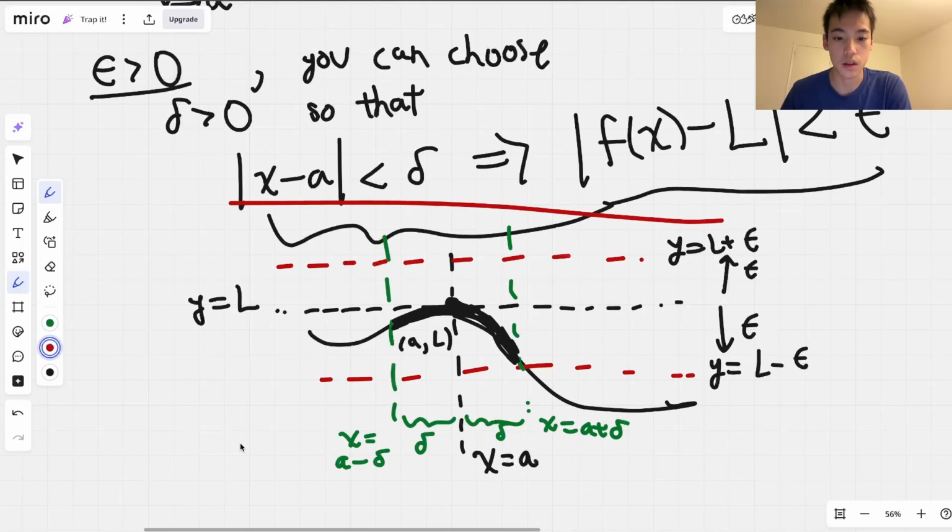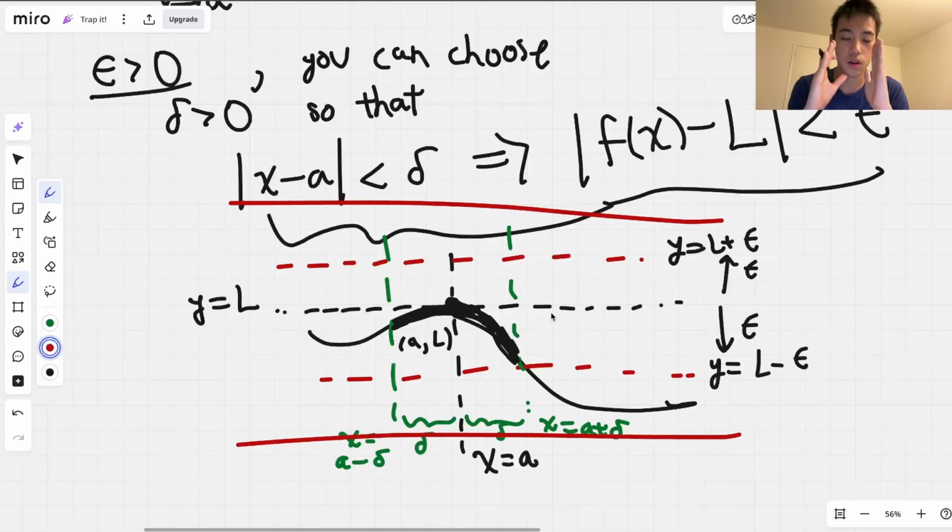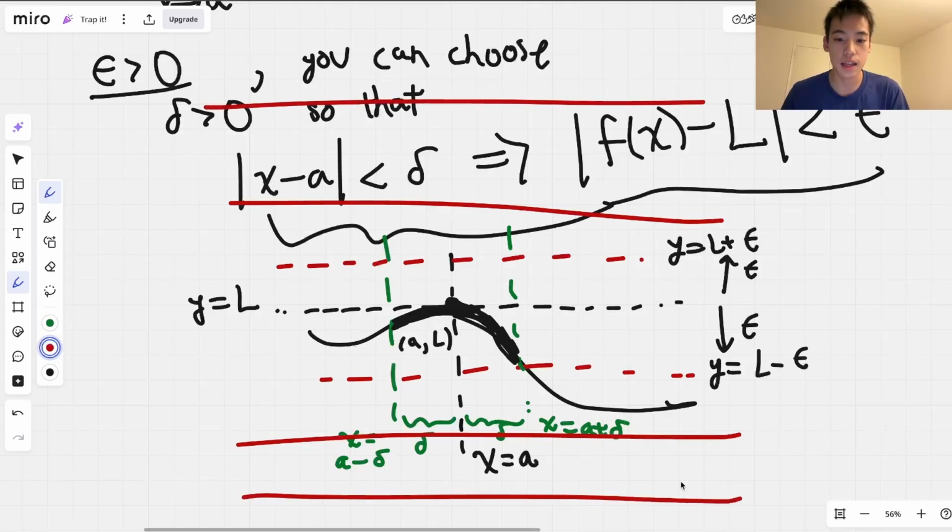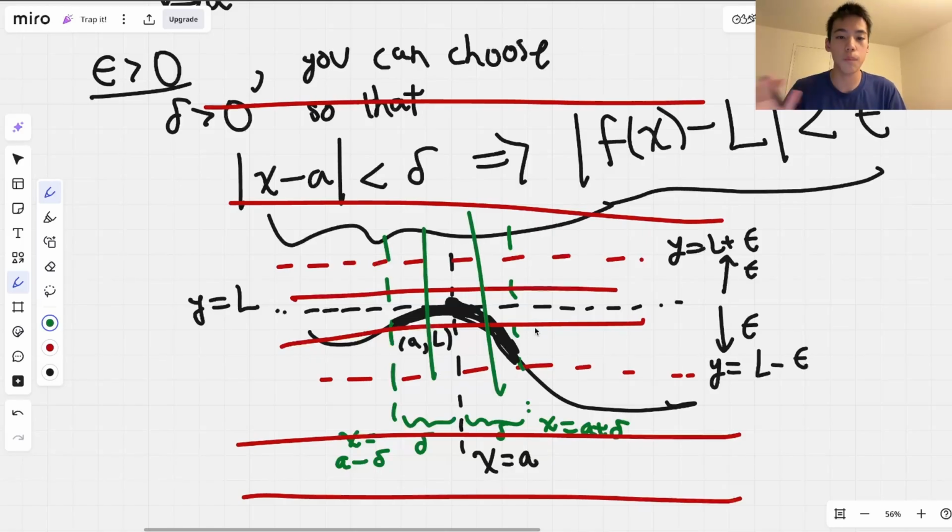It has to work for any pair of horizontal lines. If I give you one pair like this, you can give me a pair of vertical lines. If I give you something like that, still you can give me a pair of vertical lines. If I give you even something very small, you can still give me a pair of vertical lines which look like this. So that's basically all that these symbols are saying.